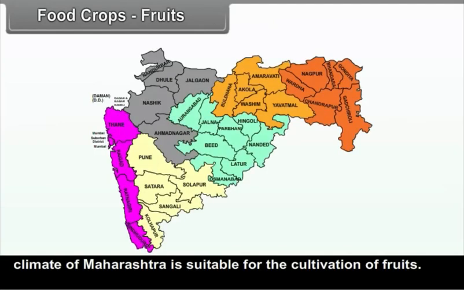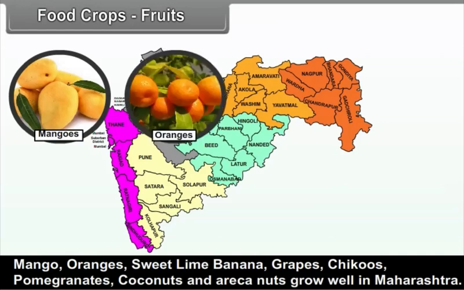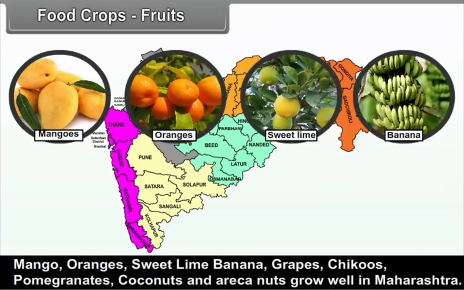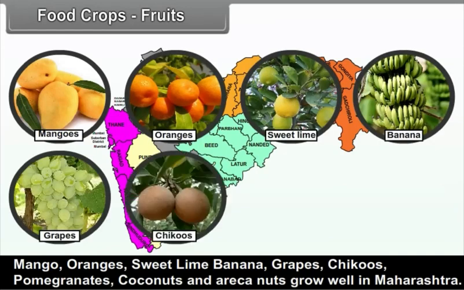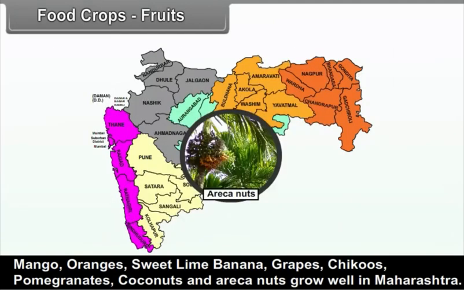Fruits. The climate of Maharashtra is suitable for the cultivation of fruits. Mango, oranges, sweet lime, banana, grapes, chikus, pomegranates, coconuts, and areca nuts grow well in Maharashtra. Mango.